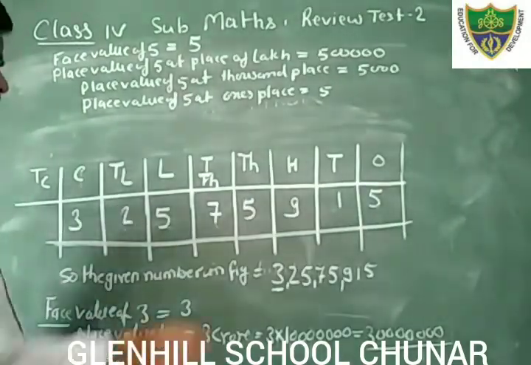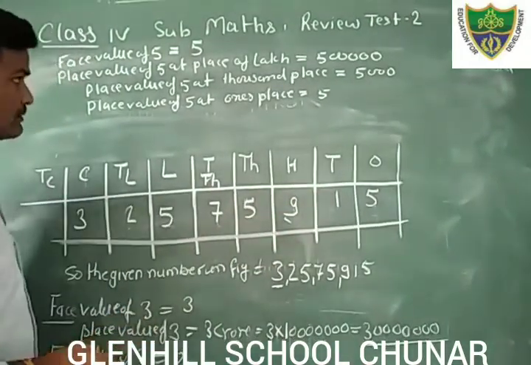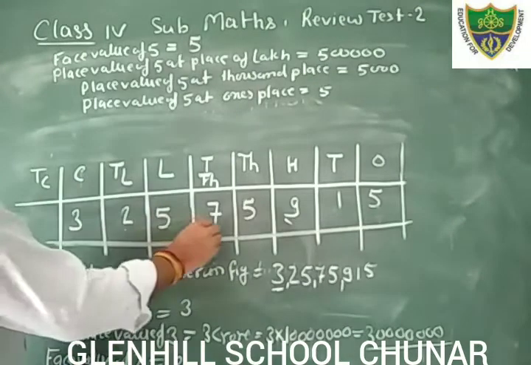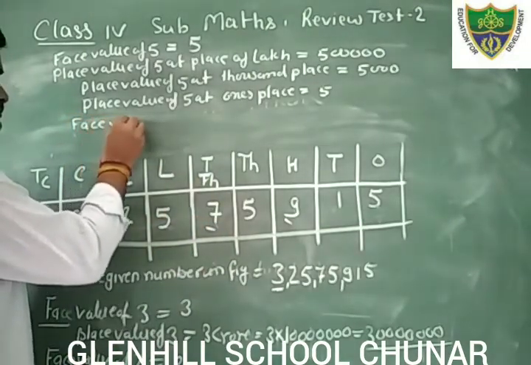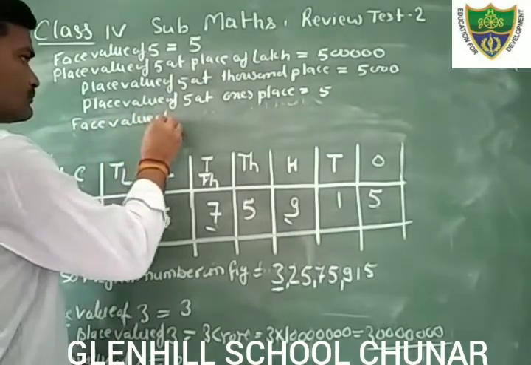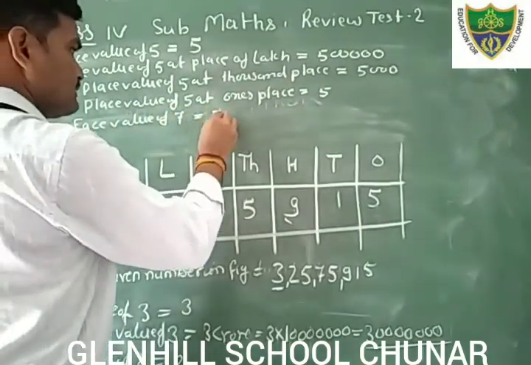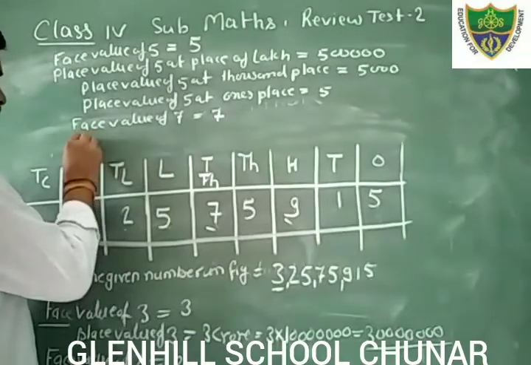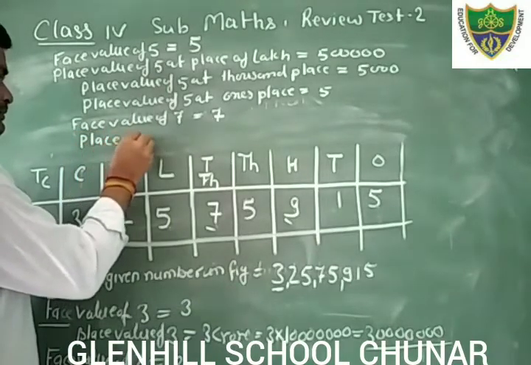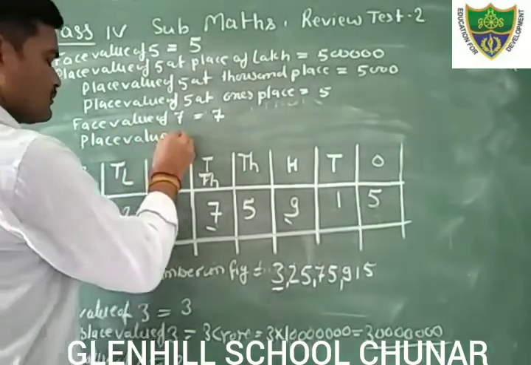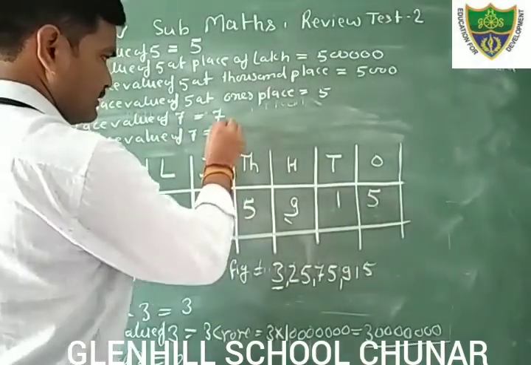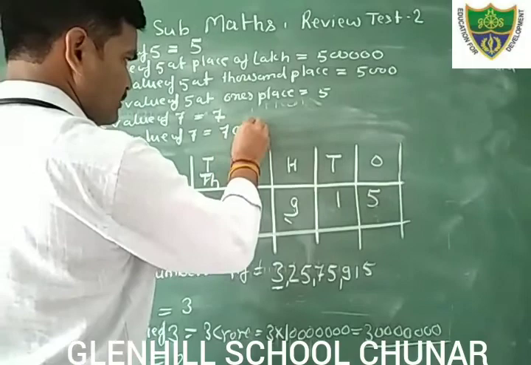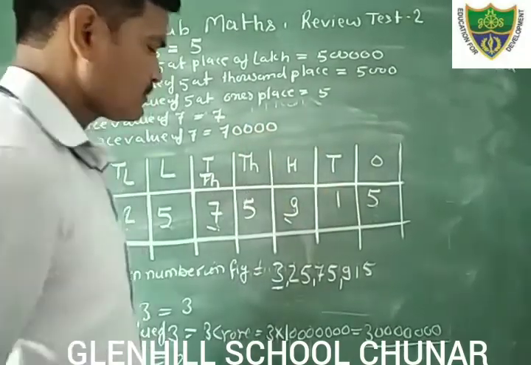It is 9. We come on the 7. Face value of 7, that is 7. Again, place value of 7, that is, where is the 7? 7, 10,000, that is 1, 2, 3, 4. Okay.